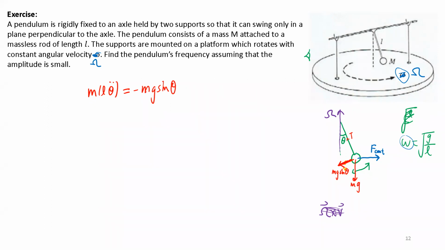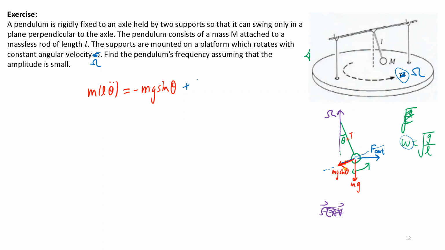Now, if you look at this direction, you not only have this mg sine theta, you also have a component from the centrifugal force. So the component of this centrifugal force along this line, what is that?